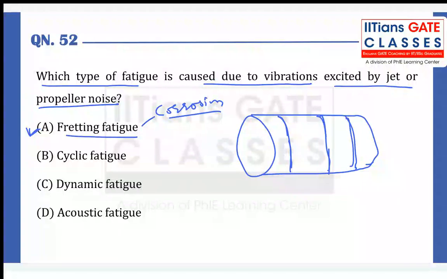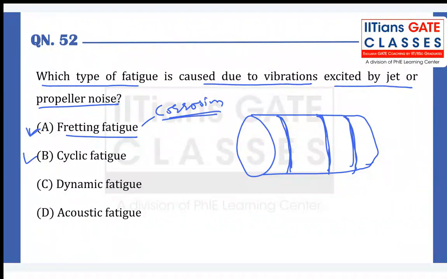Now cyclic fatigue. Due to these engines, at different locations you have different rpm of the engine, so these supporting components will undergo some kind of excitation. Fretting fatigue is related with corrosion.